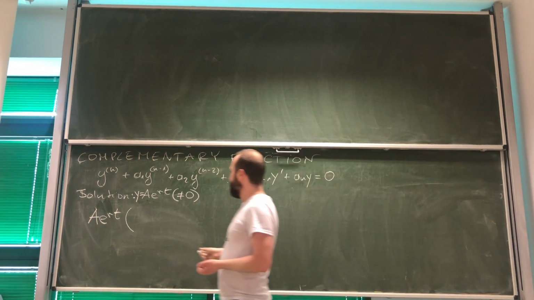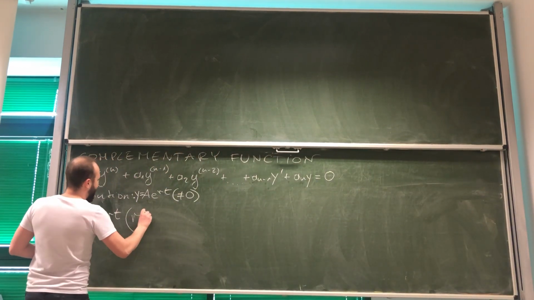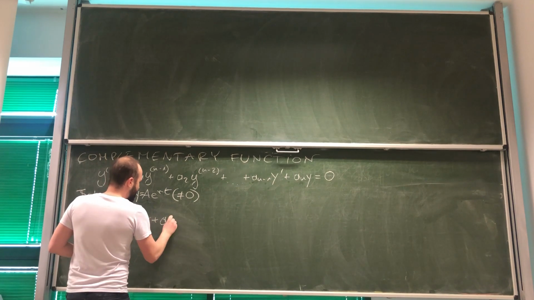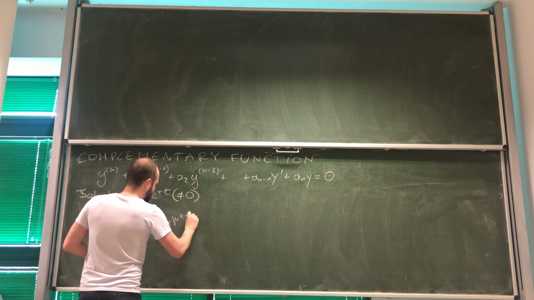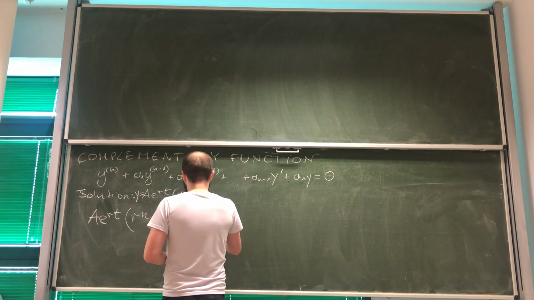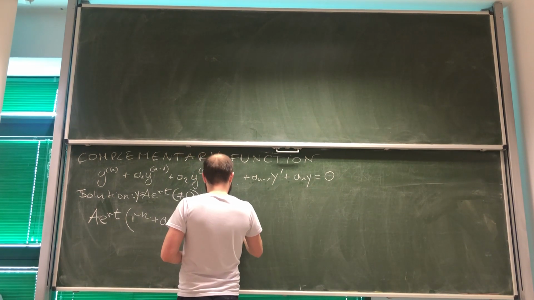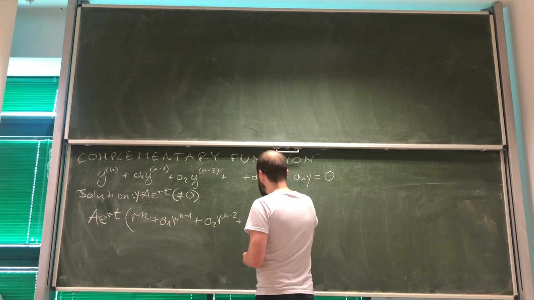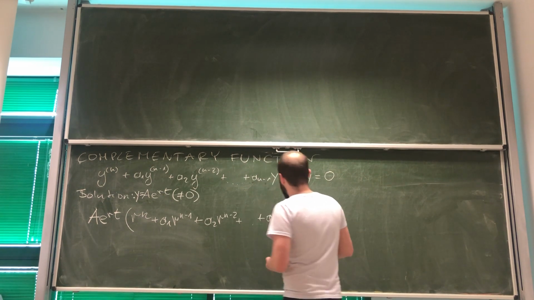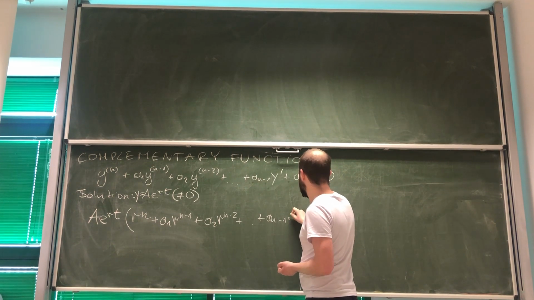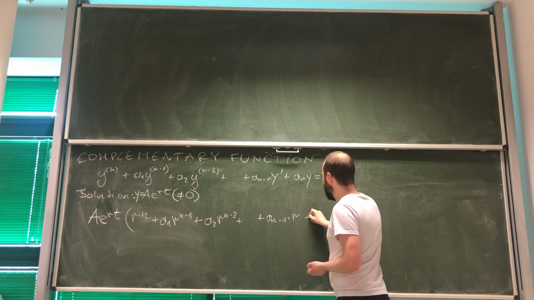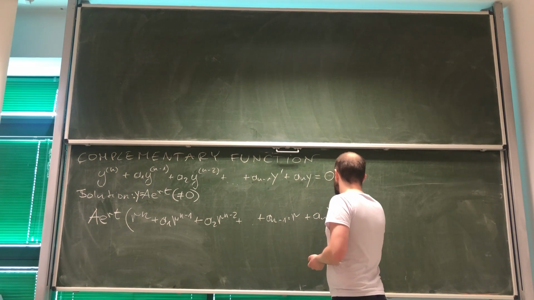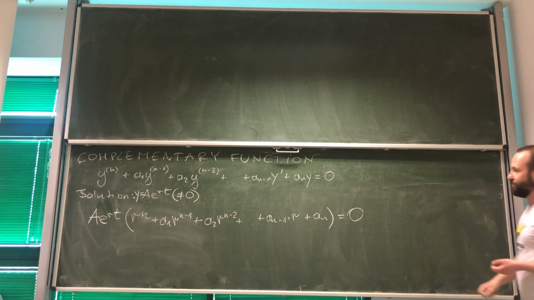So we will have first r to the power of n plus a1 r to the power n minus 1 plus a2 r to the power n minus 2 plus, until, a n minus 1 times r plus a n, and this is equal to 0.